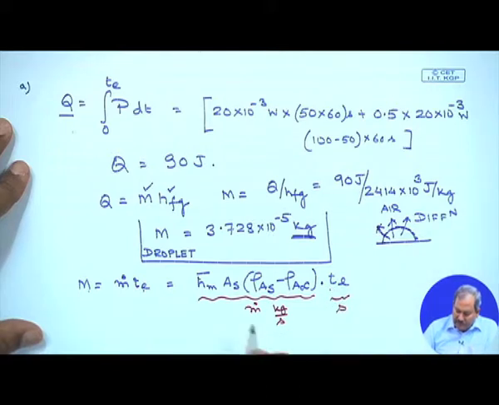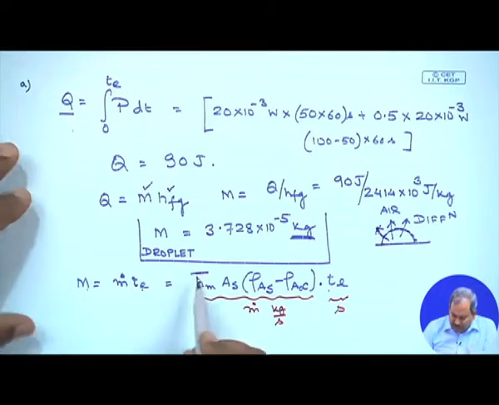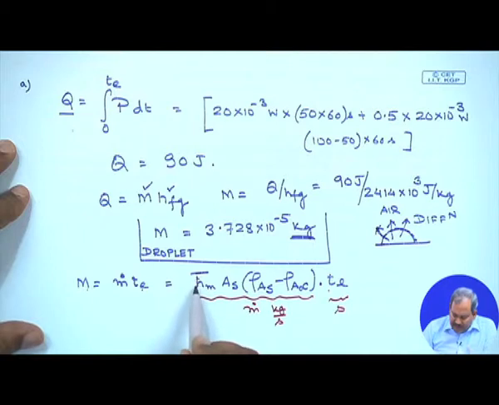So, that comes to be equal to seconds. This h bar, the bar essentially denotes the average convective mass transfer coefficient for the entire period of Te.